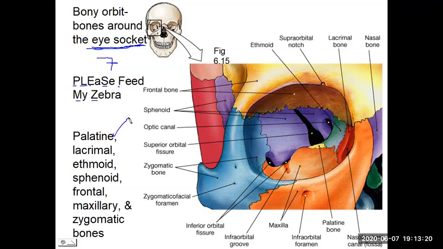So the palatine bone, the lacrimal bone, ethmoid bone, sphenoid bone, frontal bone. It could be called maxillary bone or maxilla, and the zygomatic bones. So all of those together make that eye socket structure, the bony orbit.